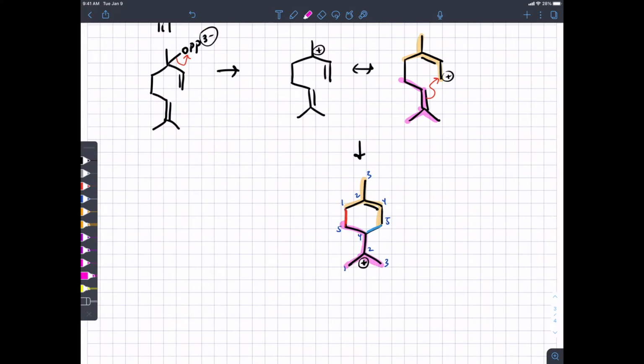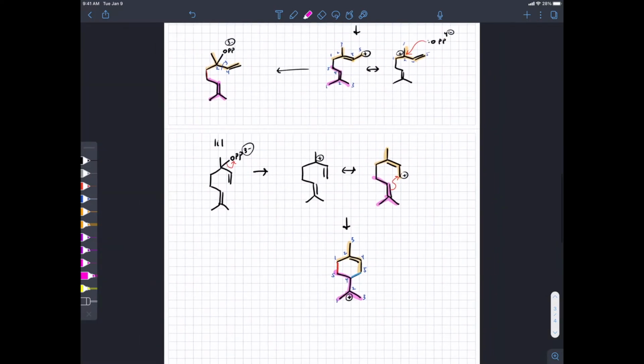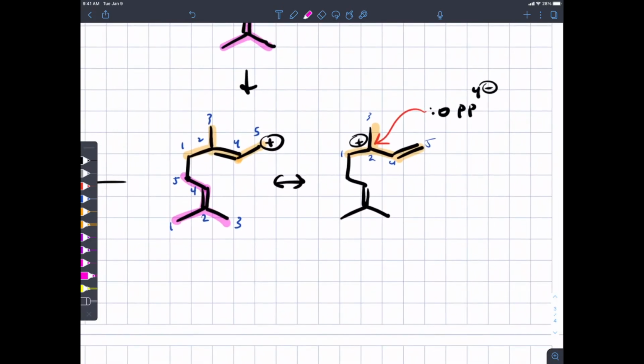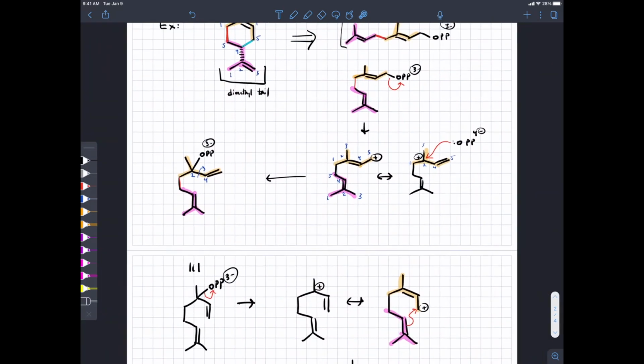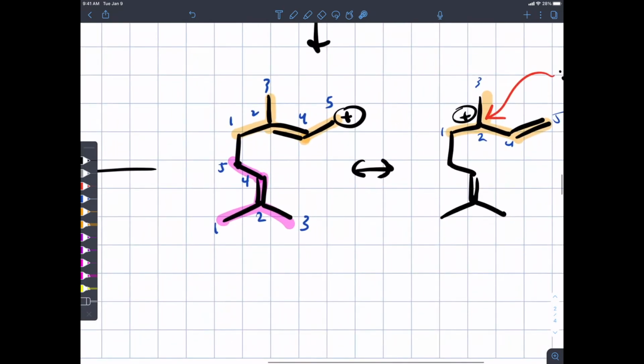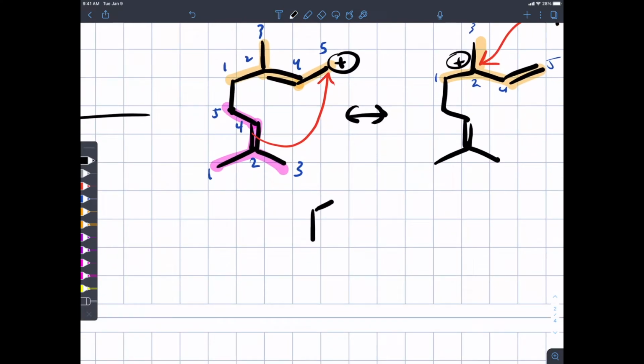Okay, questions so far? Yeah. Can you briefly just go over why it's too far away? Okay, so the argument as to why we needed to go through this intermediate is that if we tried to have the pi electrons attack that carbon, you would be making a ring that looks like this.